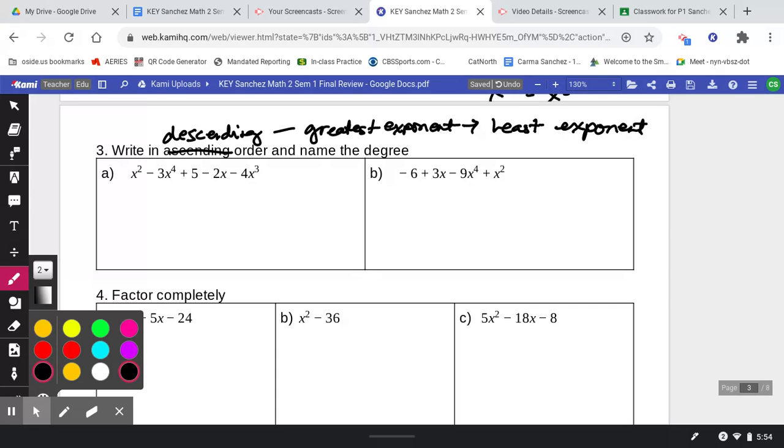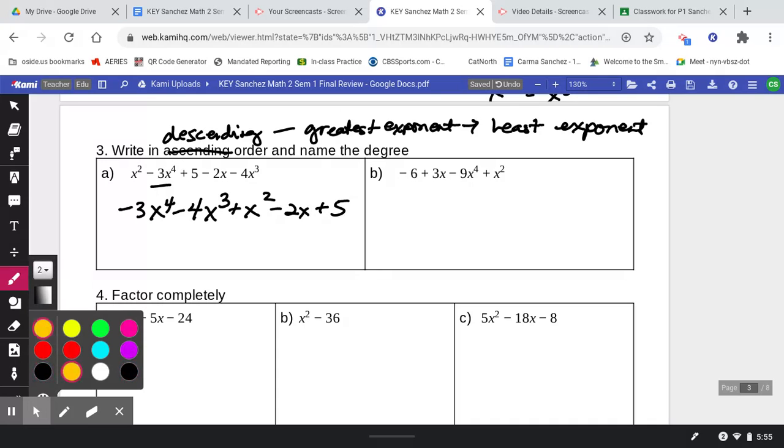Descending order. Okay, so I'm looking through these powers and I see that negative 3x to the 4th is my greatest power, so it goes first. Next comes the negative 4x to the 3rd. Next comes plus x squared, then minus 2x's, and then the constant of plus 5.